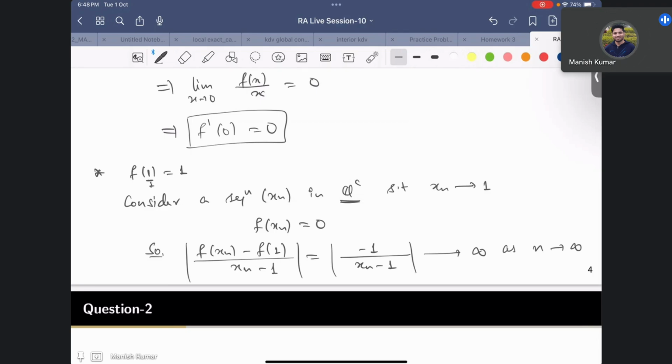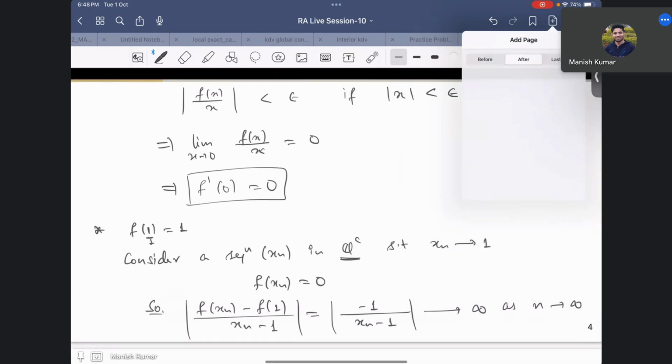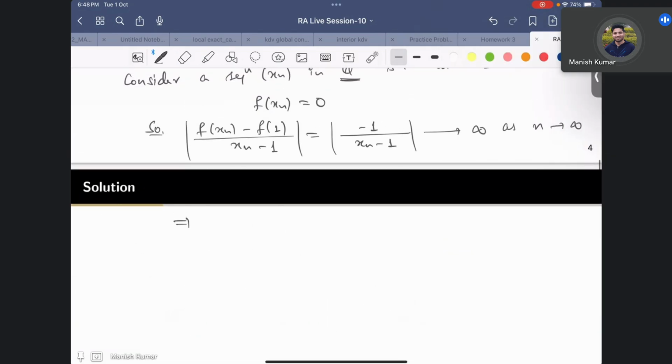So what does this tell you? This tells you that the limit as x goes to 1 of f of x minus f of 1 upon x minus 1 does not exist, because we have found a sequence for which it is blowing up to infinity. I mean, if you take the modulus, obviously. Because if this limit exists, then the modulus limit will also exist, and hence that cannot go to infinity.